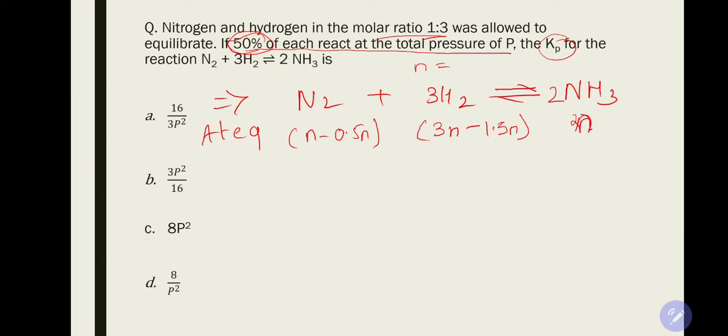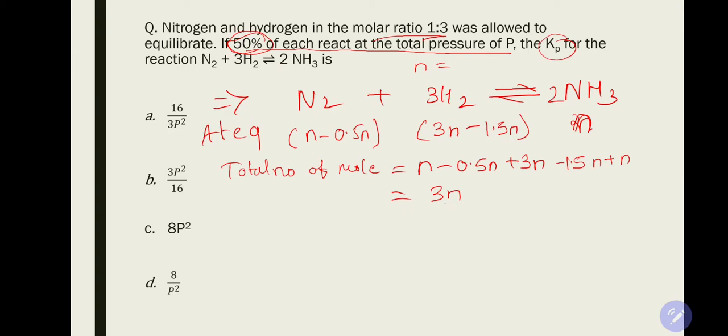Total is n minus 0.5n plus 3n minus 1.5n plus n. If you solve this, 4n plus 5n minus 2n... 5n minus 2n is equal to 3n. So the total number of moles is 3n.